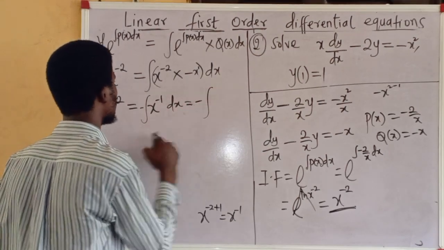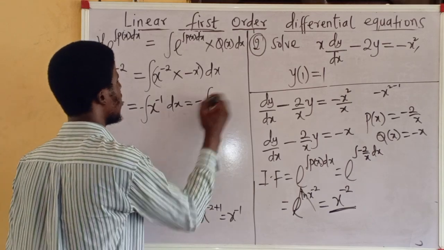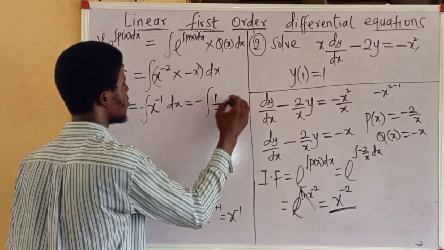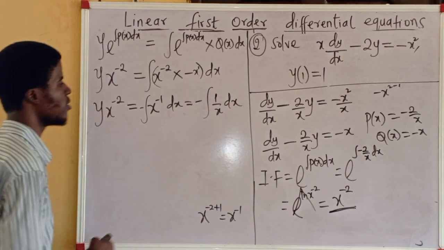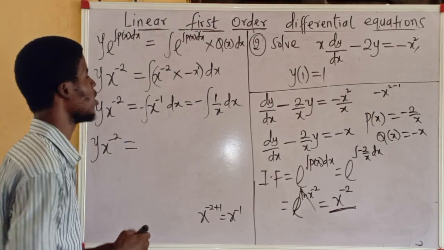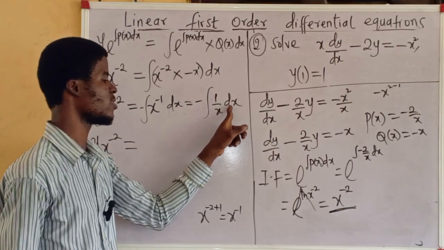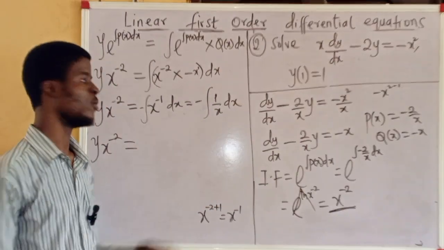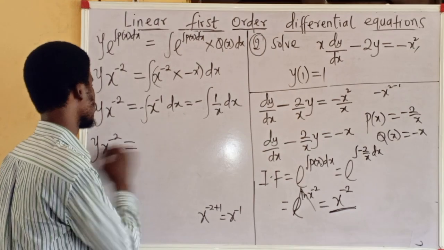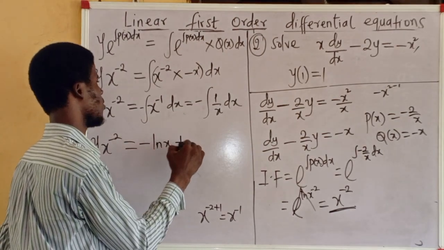So minus x to the power minus 1 dx is actually 1 all over x. So we have y x to the power of minus 2 equal to the integral of 1 over x dx, which is ln x. We did that before. So we have minus ln x plus c.